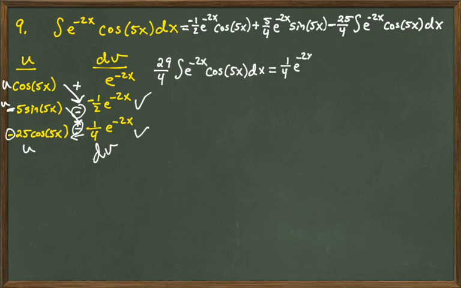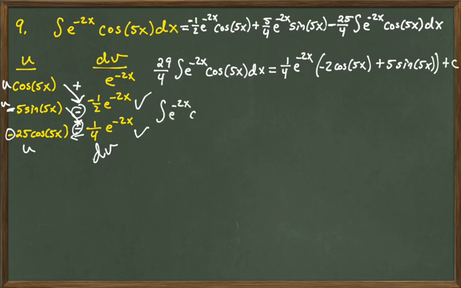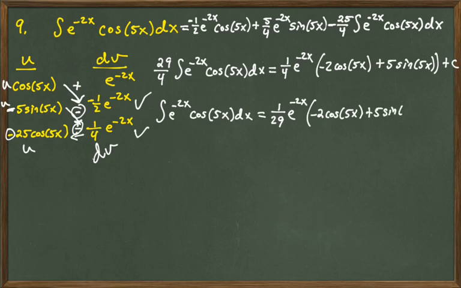That's going to be equal to 1/4 e to the negative 2x times negative cosine 5x plus 5 sine 5x, plus constant of integration. Multiply both sides by the reciprocal, 4 over 29. So the integral of e to the negative 2x cosine 5x dx is equal to 1 over 29 e to the negative 2x times negative cosine 5x plus 5 sine 5x plus c.